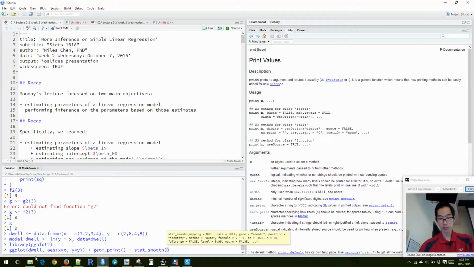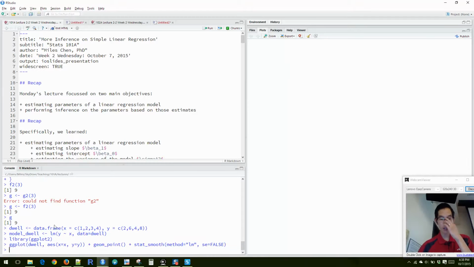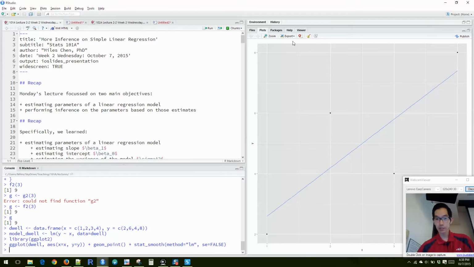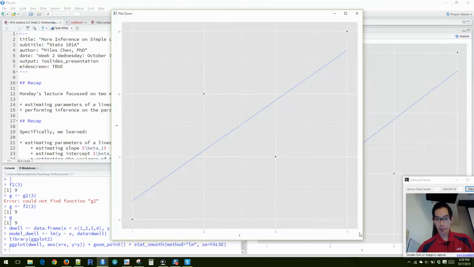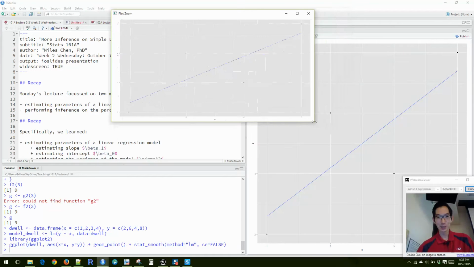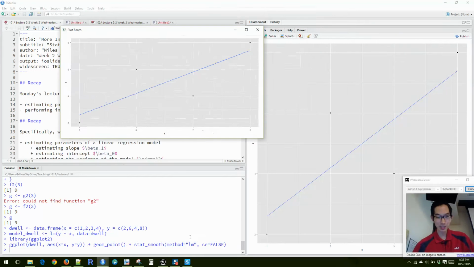Oh, I forget. I think method equal to lm and se equals false. There we go. All right. All of this work just to get this picture.